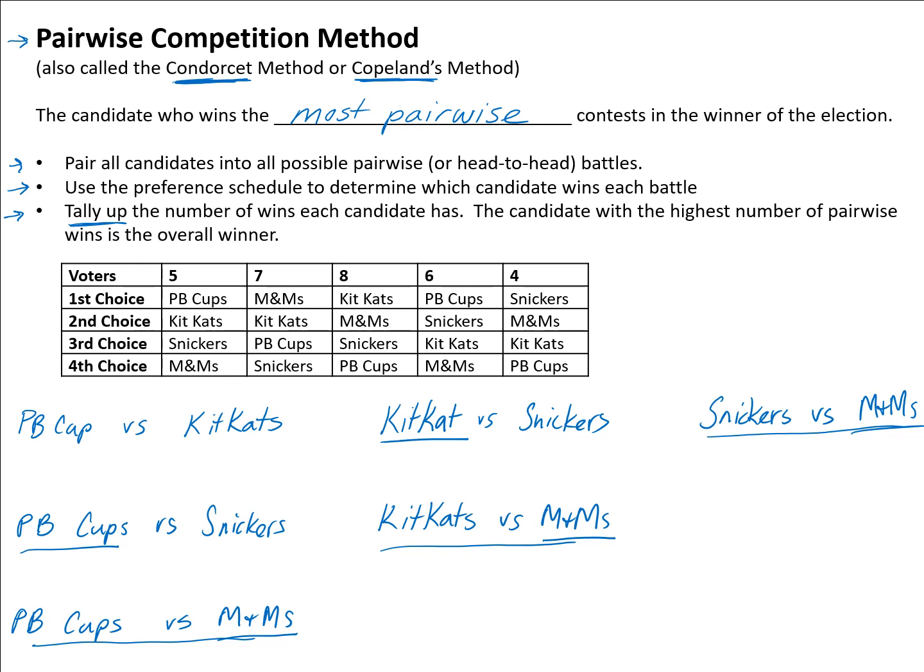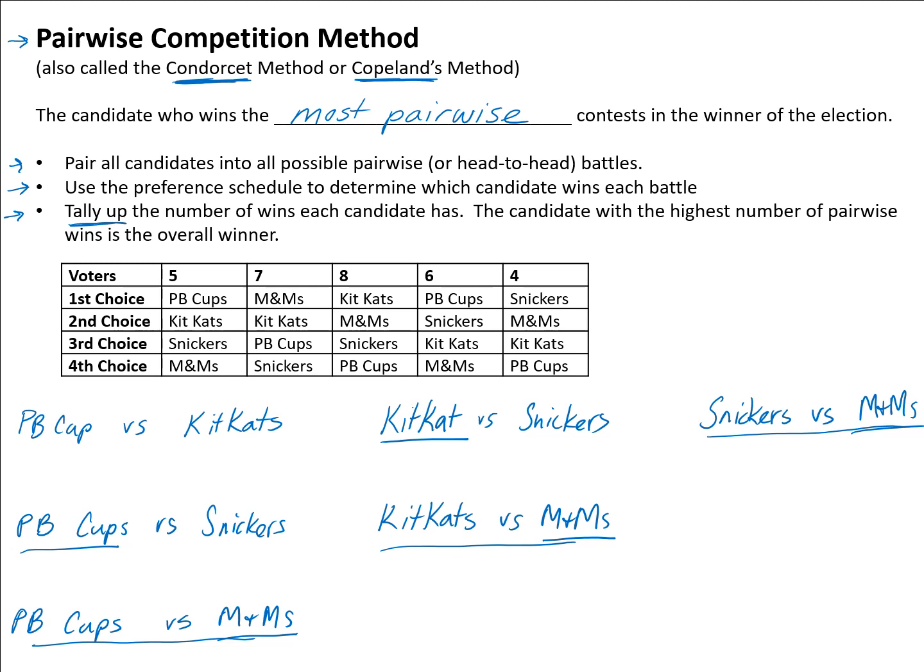You will need one less column than you have candidates, because by the time you get to the next to last candidate, their last battle will have contained everyone else. So you end up with a triangle shape if you do it like this. All right, so we've got 6 battles when we have 4 candidates.